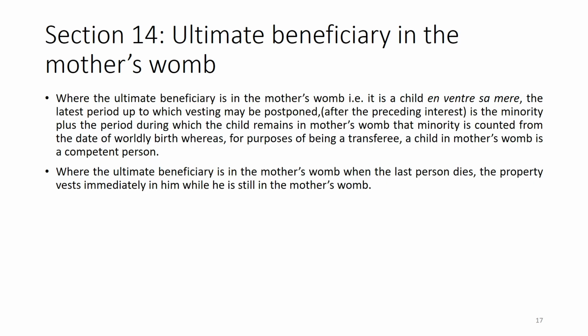Generally it is asked: if the last survivor, that means the last life interest person, died in January 2022, then up to that time the beneficiary was in the mother's womb.